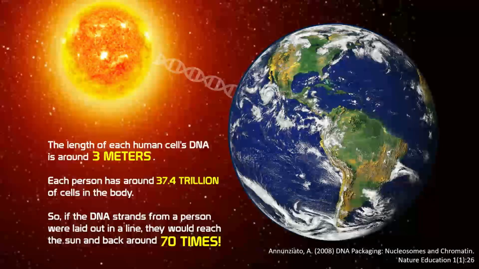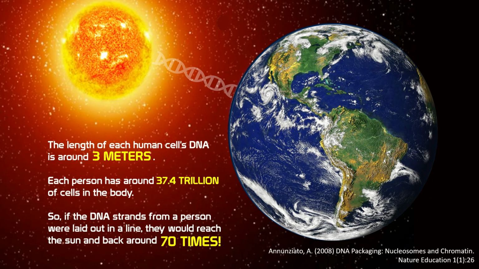And this is an amazing fact about our DNA strand. The length of each human cell's DNA is around 3 meters. Each person has around 37.4 trillion cells in the body.